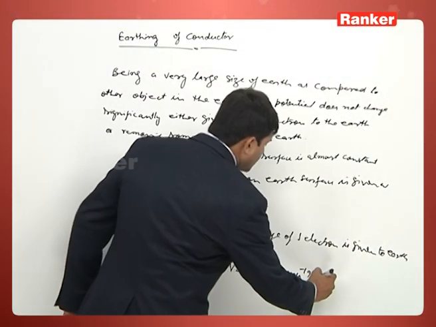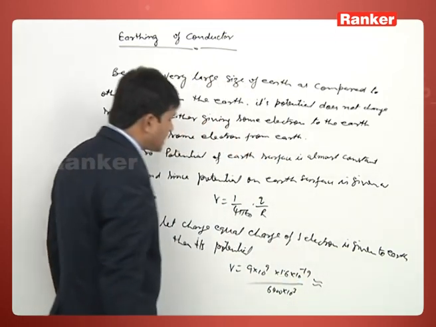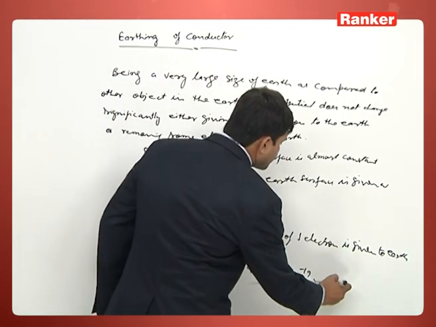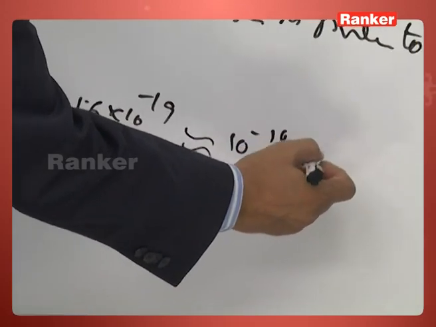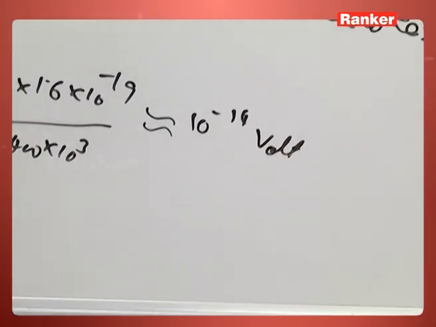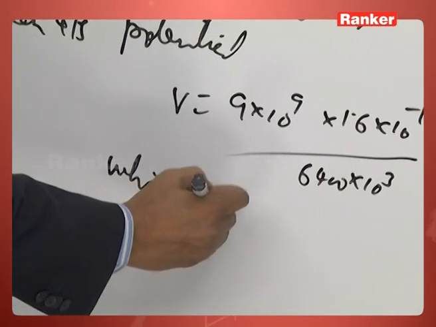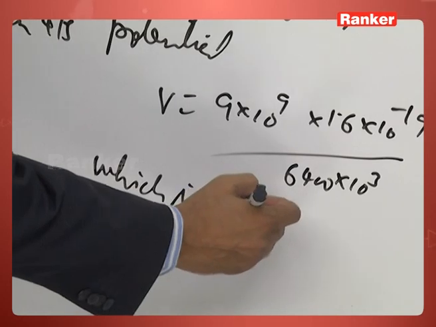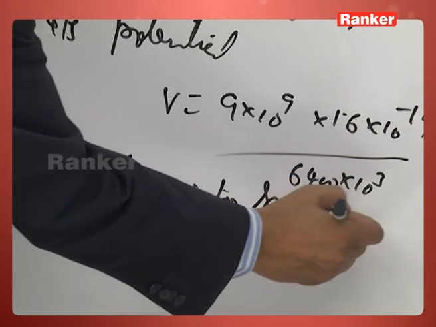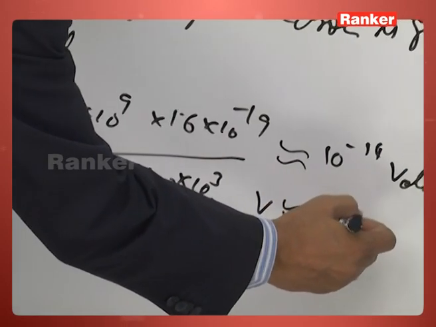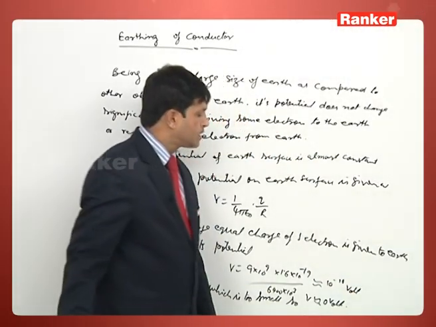If we solve it, it comes in the range of around 10 to the power minus 14 volt, which is too small. So V is almost 0 volt.